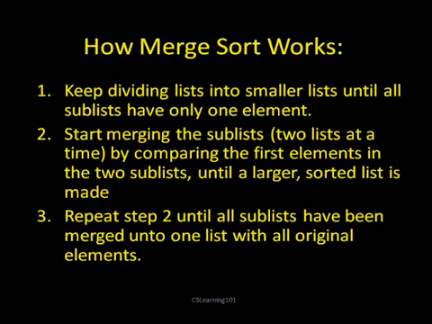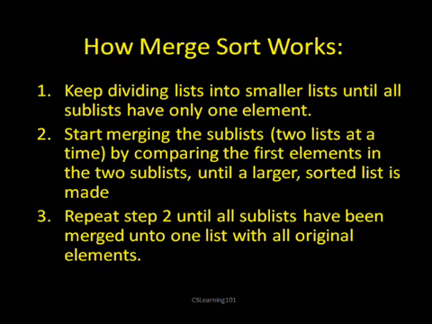Then you start merging the sublists, two lists at a time, by comparing the first element in the list that you currently have, until you combine them both into a larger sorted list. Now you repeat step 2, again, comparing each two lists that you have. And you keep going, combining them into larger and larger lists until you come up with a list with all the original elements that you had at the beginning.